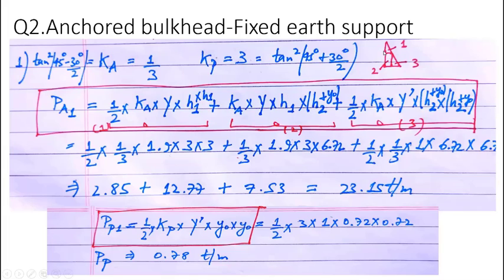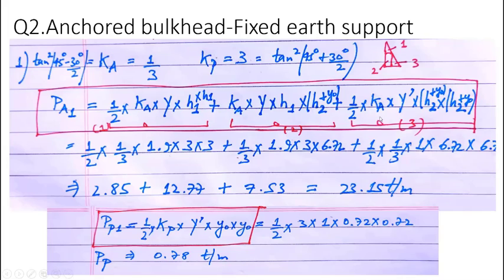Then this triangular variation acts as an overburden, so the stress is Ka gamma H1, and it acts over a height of H2 plus Y0, because this is point J and this is the dredge level point. Okay, so this is H2 plus Y0. Then the third diagram, this third triangular area, so it becomes half base times height.